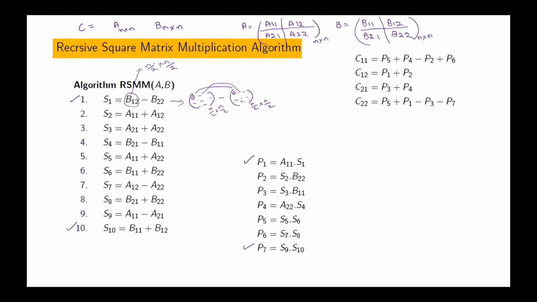Like this, how many entries are there in this B12 matrix? N by 2 whole square. Similarly, how many entries are there in the B22 matrix? N by 2 whole square. That means we subtract one from the other like that, n by 2 whole square times. Is that correct?